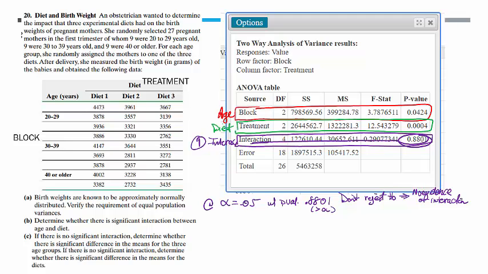We don't have evidence that there is an interaction effect. And so that means that we can test the main effects separately.